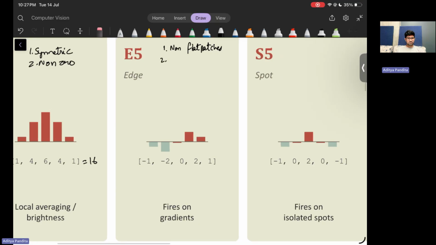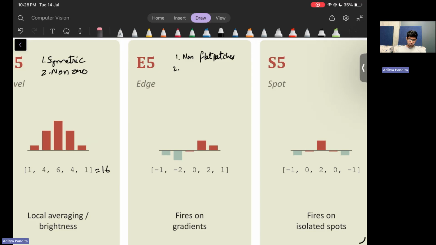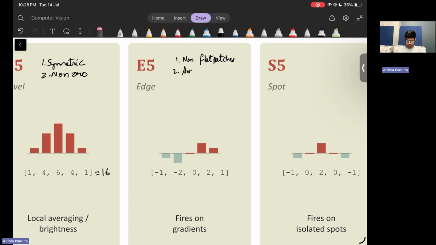It reacts strongly to a brightness edge, where one side is much brighter than the other side, and the sign of this kernel helps us determine the direction of that edge. It is similar to a Sobel filter. This is an anti-symmetric kernel, and it sums to 0.